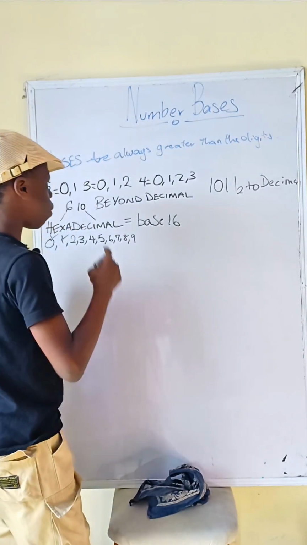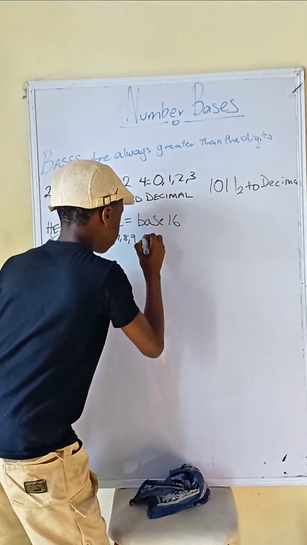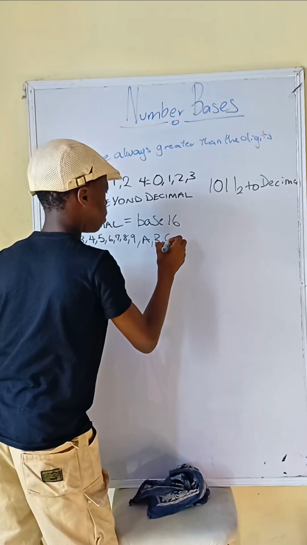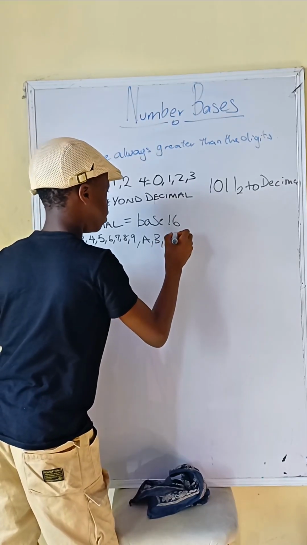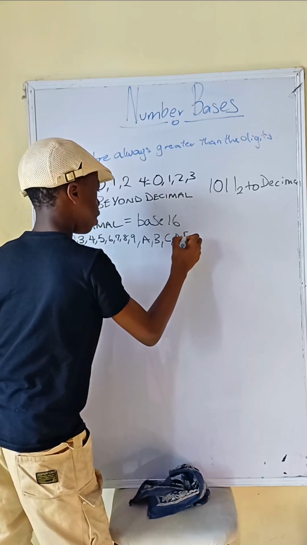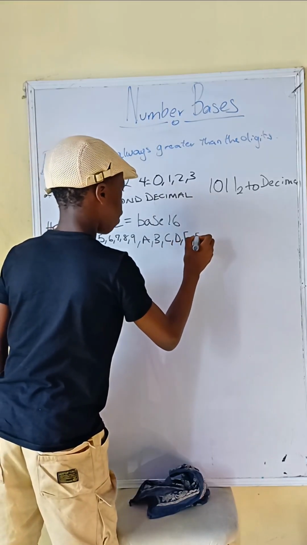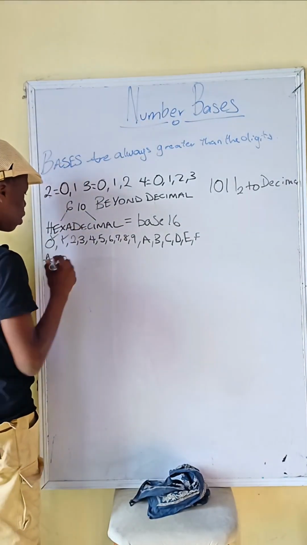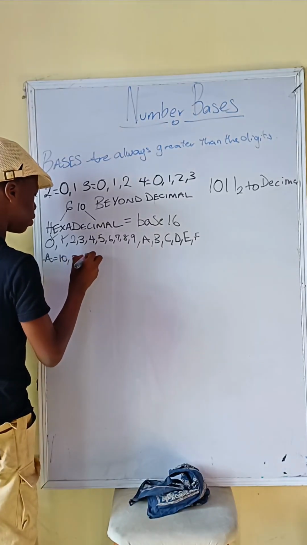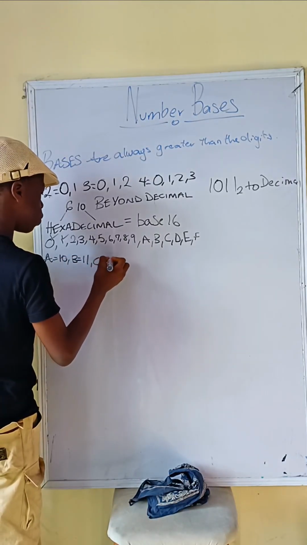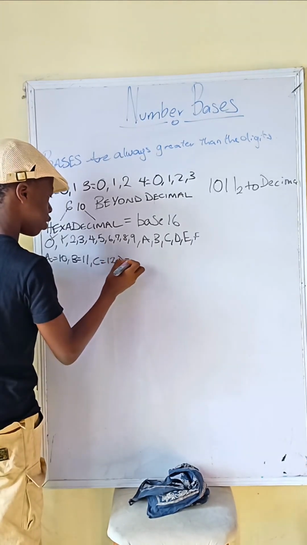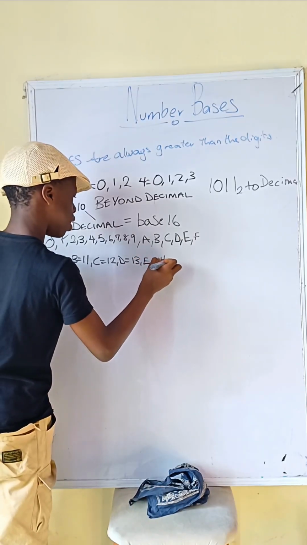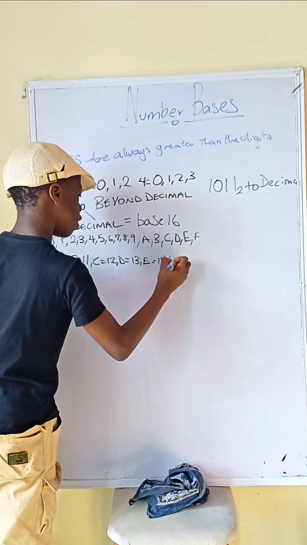We count from uppercase A, then uppercase B, then uppercase C, then uppercase D, then uppercase E, then uppercase F. And as we know, A is 10, B is 11, C is 12, D is 13, E is 14, and F is 15.